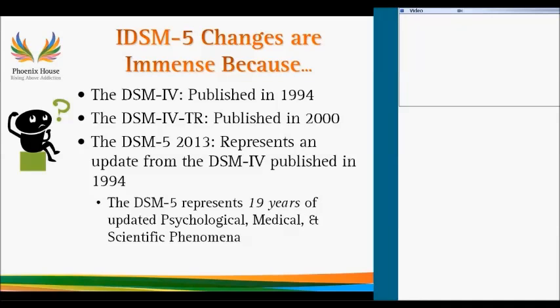So in essence, one of the reasons why the DSM-5 has so many changes is because it represents almost 20 years of the American Psychiatric Association updating what we consider abnormal and disordered behavior. Over 20 years, there's been an enormous amount of changes in our culture, how we perceive diagnosis, and therefore how treatment flows from that. So there's a big reason why there are so many changes.